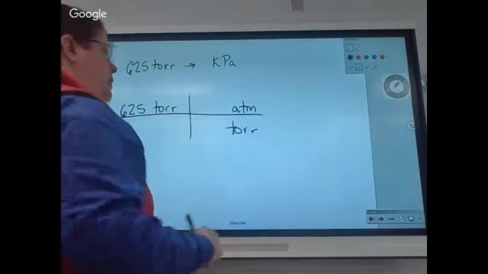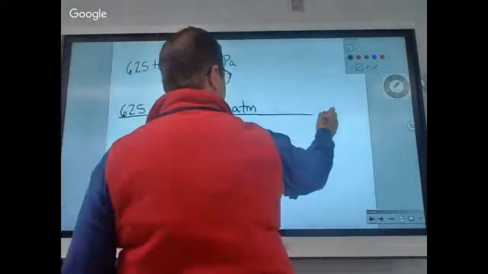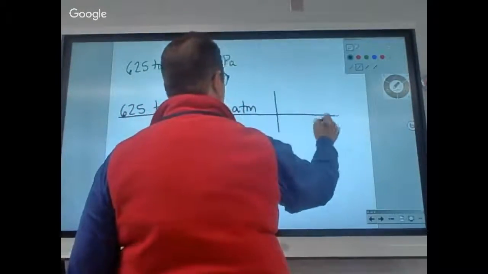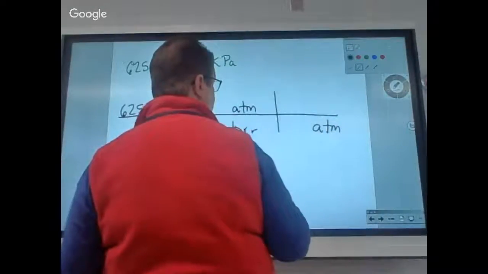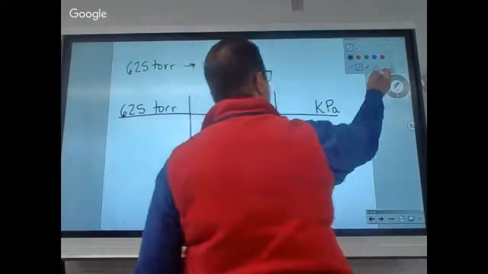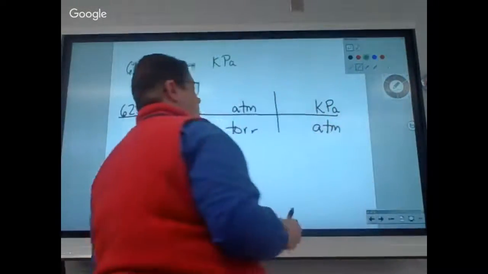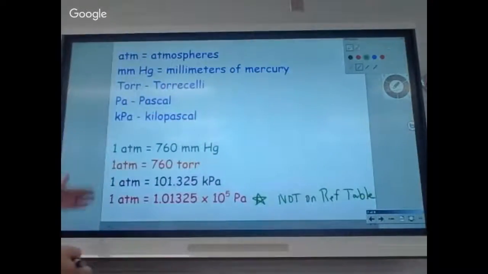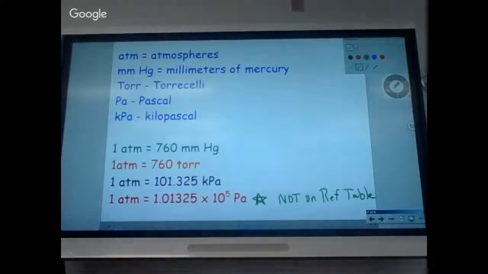So torr to ATM. I don't want ATM, so I need to make my chart longer and then put ATM on the bottom and then go to kPa on top. That is certainly one way to do it. What number is beside all the ATMs? Ones.